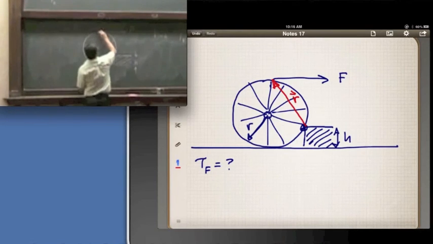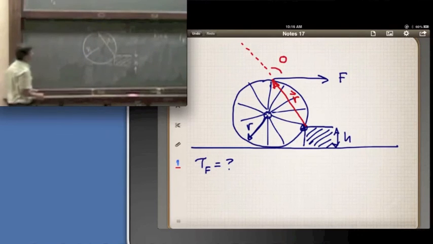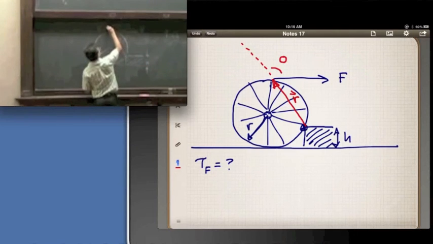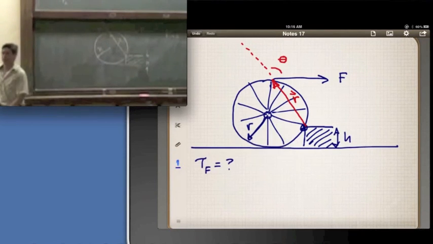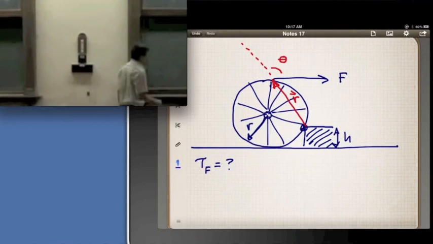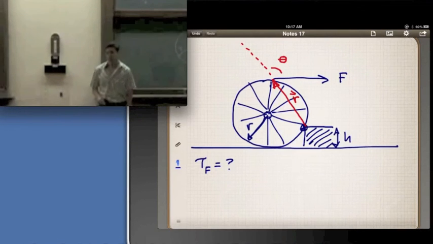And the angle that we're talking about, the angle between F and R, will be this one. Okay, do we know that angle? Do we know the distance r? We don't, and it looks like you could get it, but it involves some geometry. It doesn't seem very simple, right?